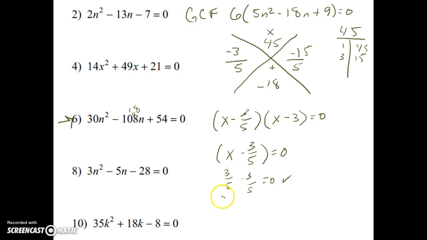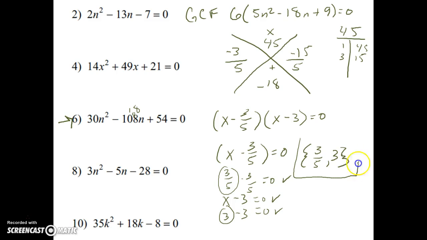And for x minus 3, 3 minus 3 equals 0, which makes that true. So I can see that 3/5 is going to be one of my solutions, and so is 3. I write the smallest one first, which is 3/5, and then I write the larger one, which is 3.